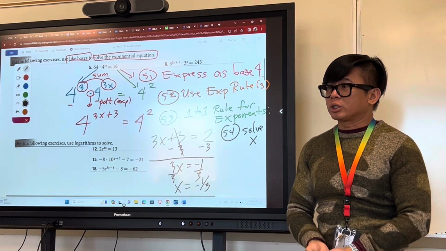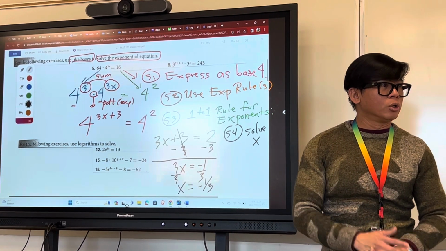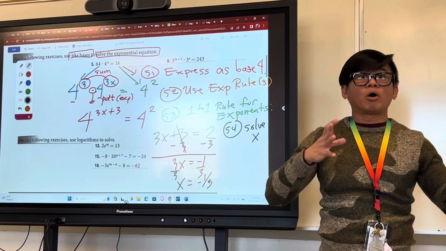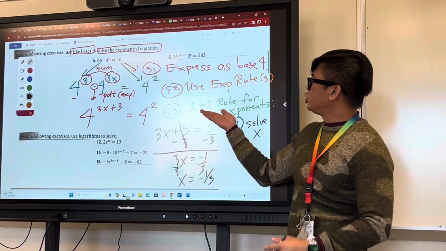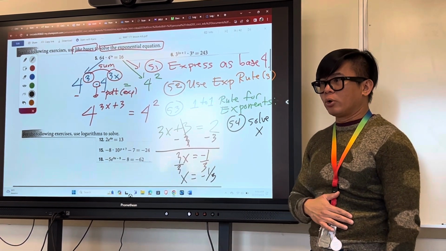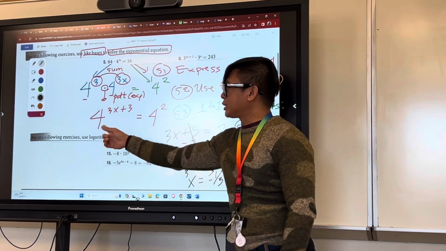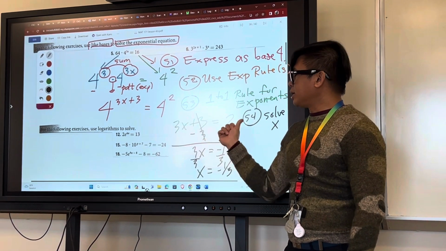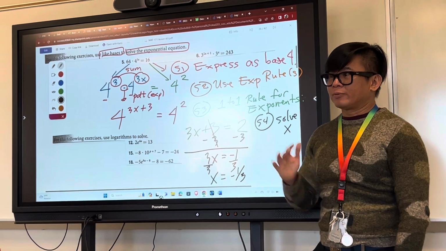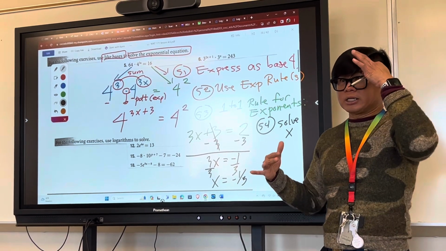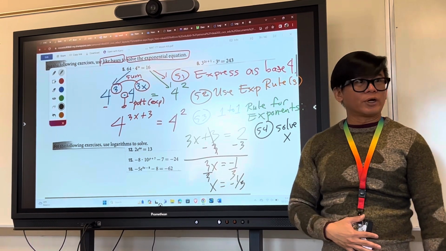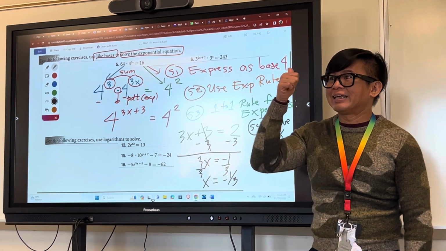Sometimes you can use the quotient rule, sometimes the power rule, and in some cases a combination of those. Next, use the one-to-one property for exponents, telling us that if the bases are the same, the exponents are also the same. So just bring down the exponents without the bases and solve for x. Are we good? Get it, guys?